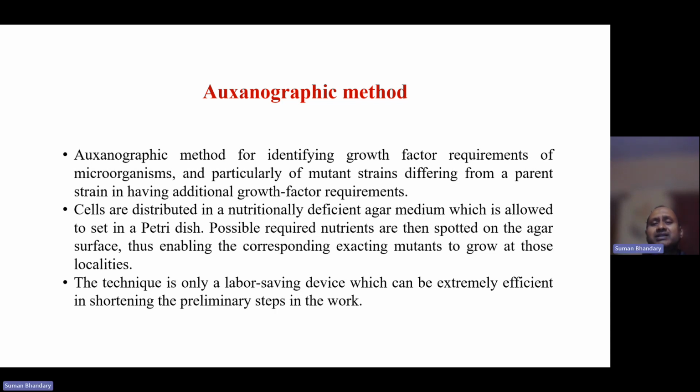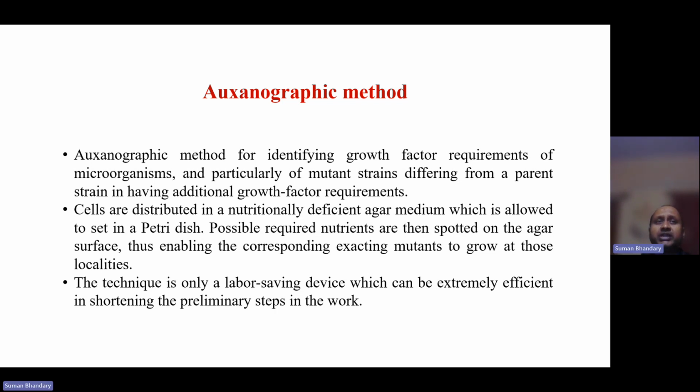Then we can see some isolated colonies after incubation at a particular temperature. Now, a suspension of test microorganism with growth requirement for the particular metabolite is flooded on the above plate containing isolated colonies, which are subjected to further incubation.